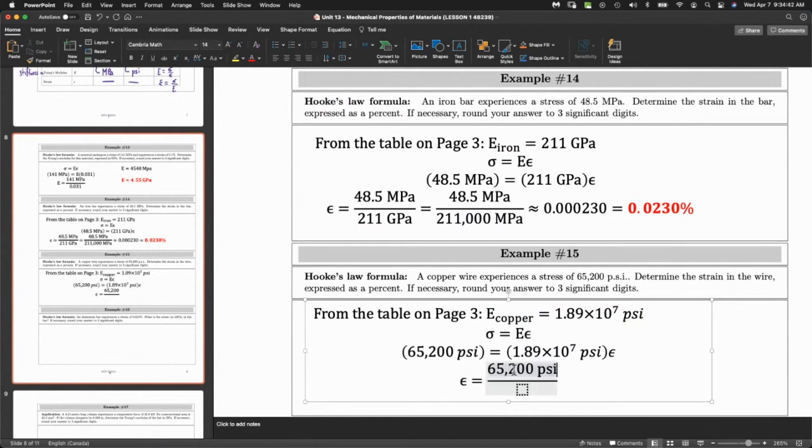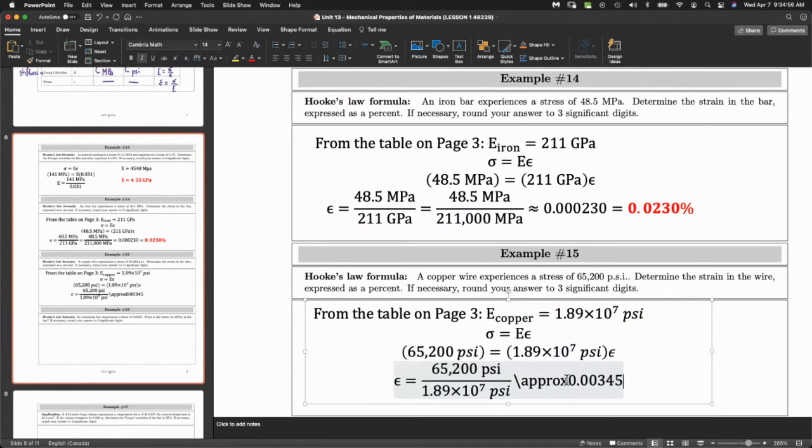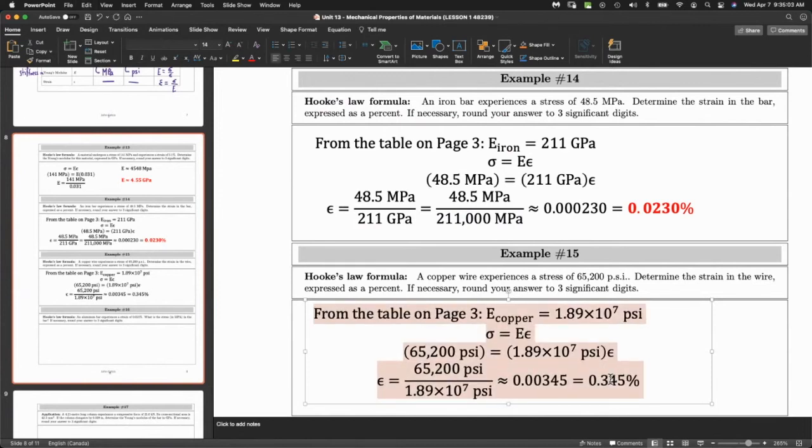So then the strain is equal to 65,200 divided by the Young's modulus for copper, which is approximately 0.00345, or 0.345%. Can someone confirm that number there when they're ready?